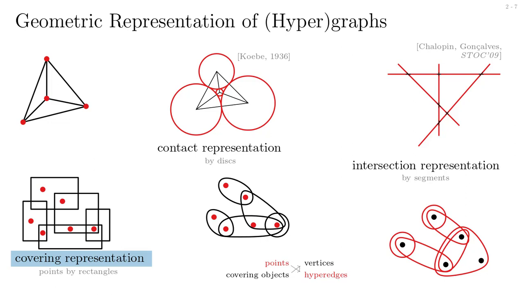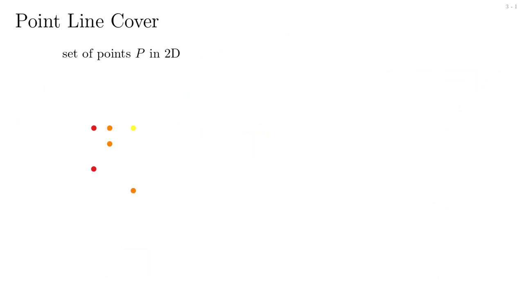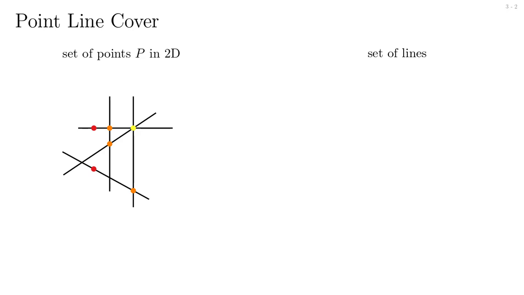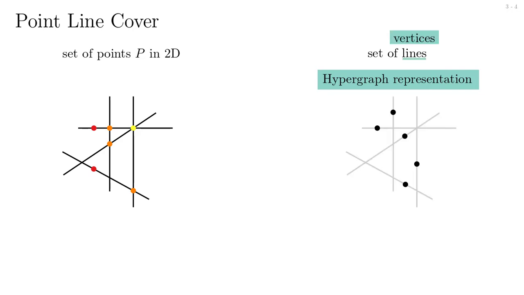We considered one of the problems of covering representation, namely point line cover. In this problem, we are given a set of points on the plane and a set of lines. Every such instance can be represented as a hypergraph as follows.